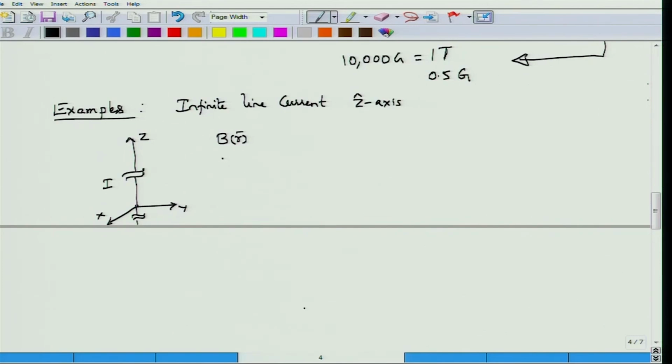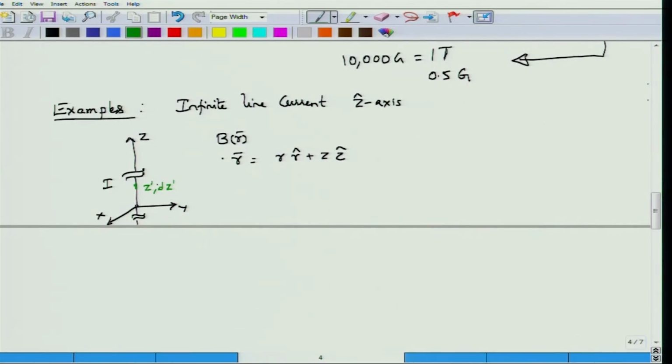So in cylindrical coordinates, how can I define the vector r here? The vector r will be small r, which is the radial distance along r hat, and z, the height at which this point is located. And I am going to consider a small line segment here, which is at a height z prime and has a length of dz prime.